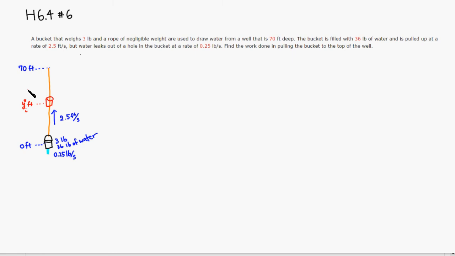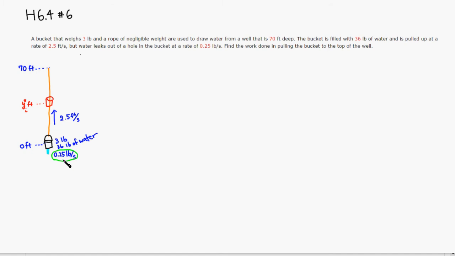At this point, how much water does it have, or what would be the weight? Originally, it's going to have 3 pounds for the bucket and 36 pounds of water, so a total of 39 pounds originally, but because of the leakage it's going to decrease a bit.